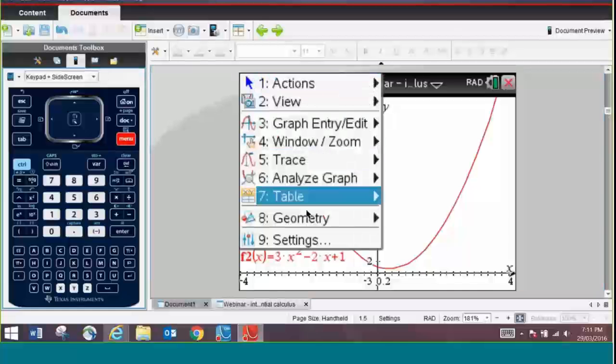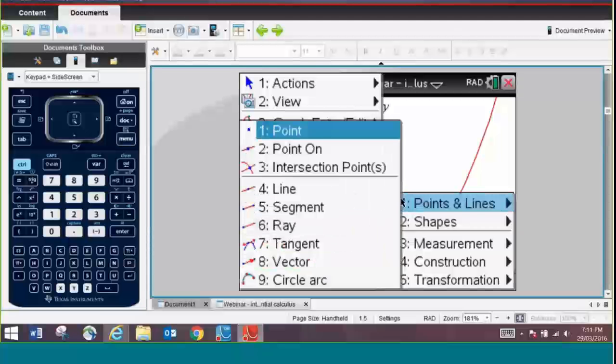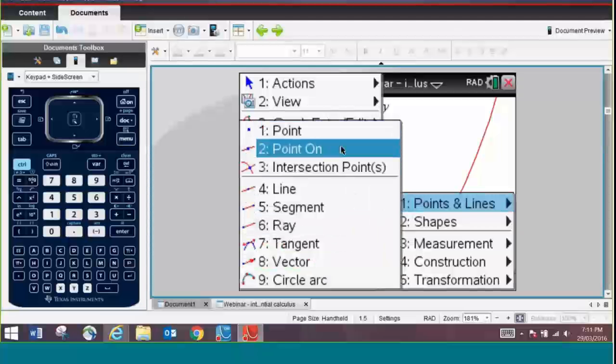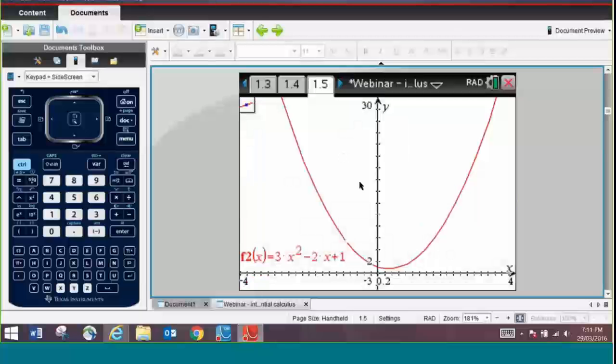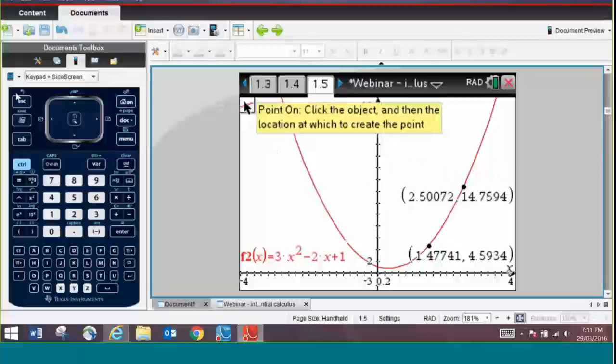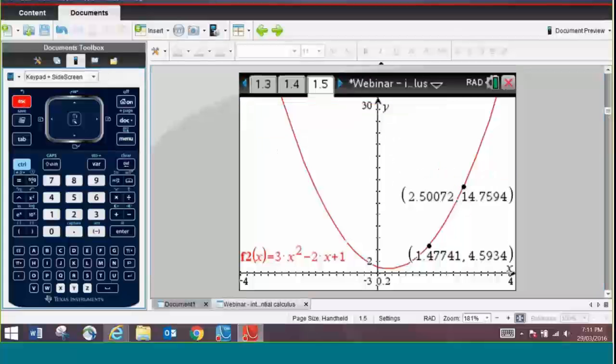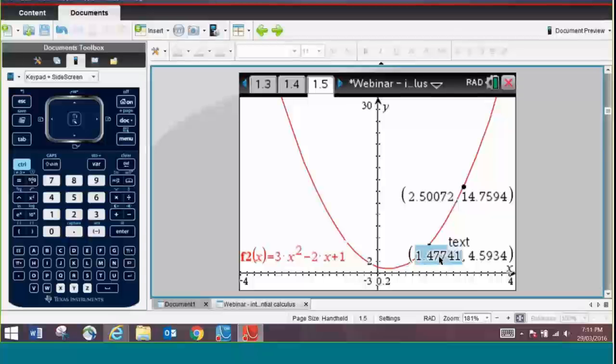So at this point I'm going to put a couple of points on my graph. So I'm using the geometry setting, points and lines, point on, and I'm just going to mark them anywhere. There's one, and I'm going to do another one. So click it there, and I'm going to press escape, and now what I'm going to do, now that I'm not in the geometry setting, is I'm going to edit that, and you can do that by double clicking.